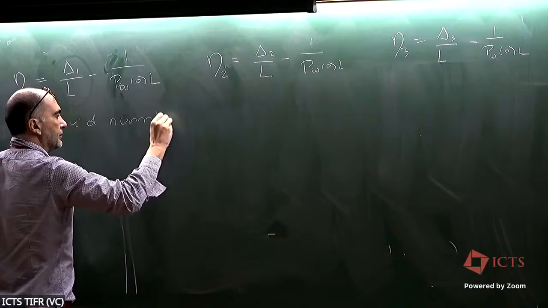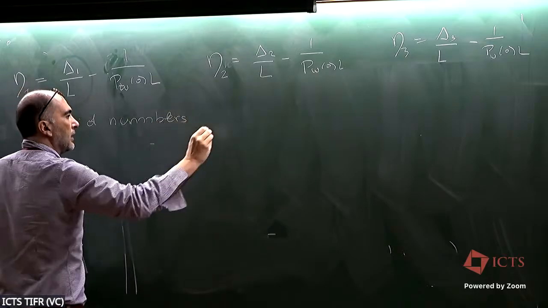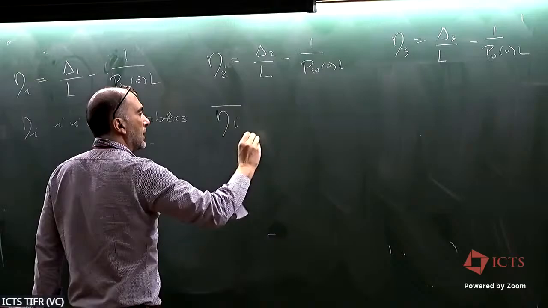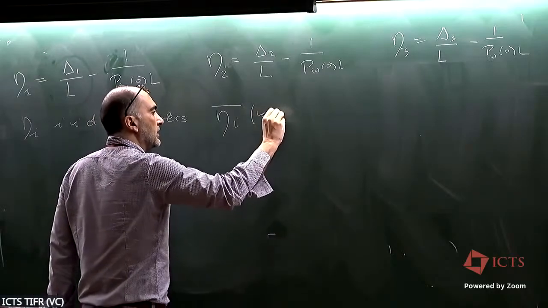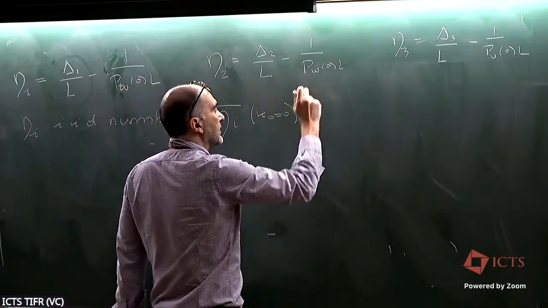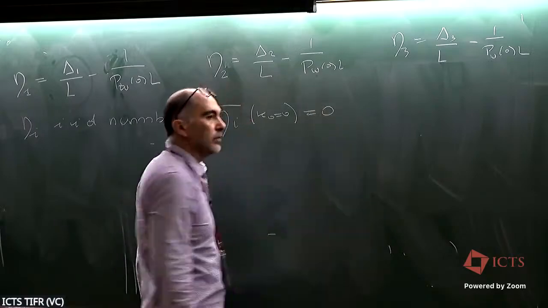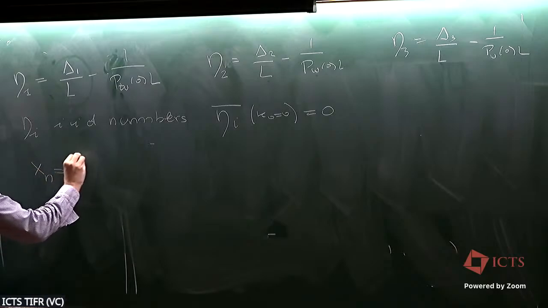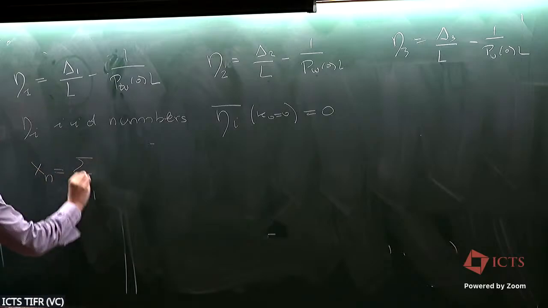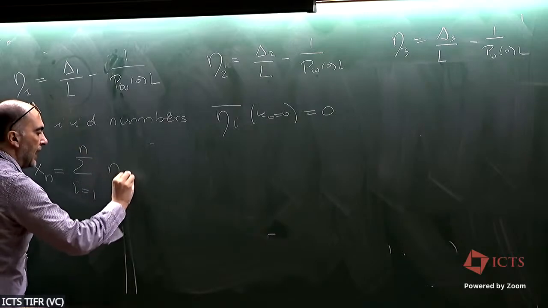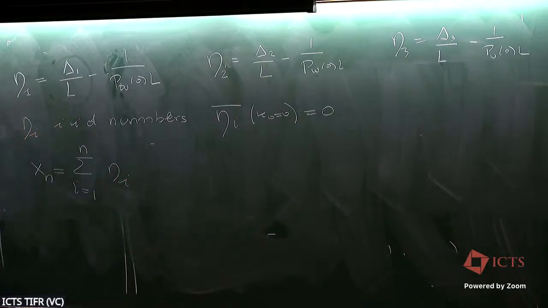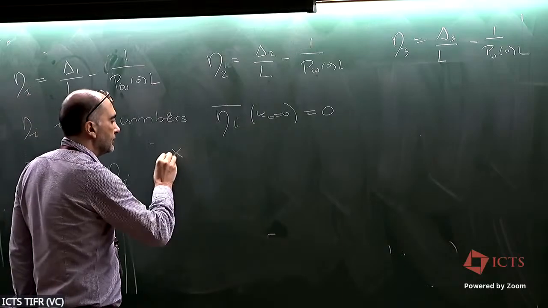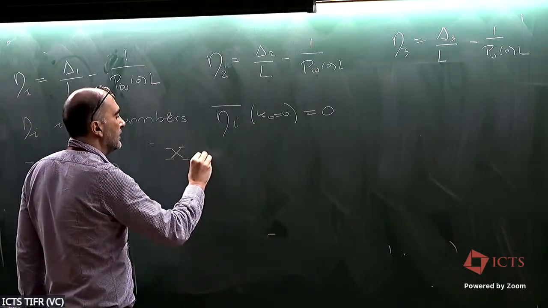And if you look at the average, when K0 is equal to 0, they are exactly the same, so the average is 0. And so we can construct a random walk, X_n, as the sum from i=1 to n of the eta i. These are capital X. This is a random walk. And x1 is equal to eta 1.